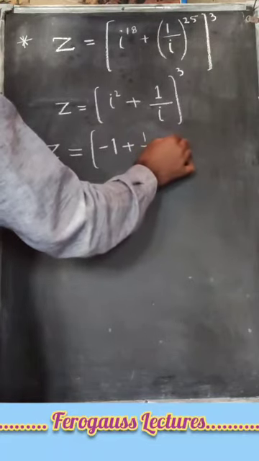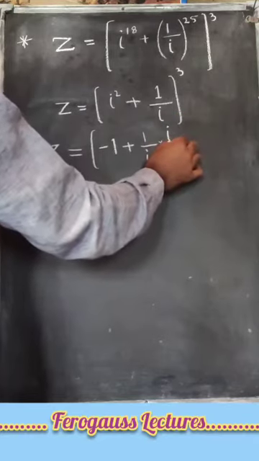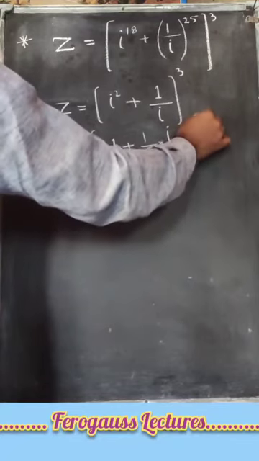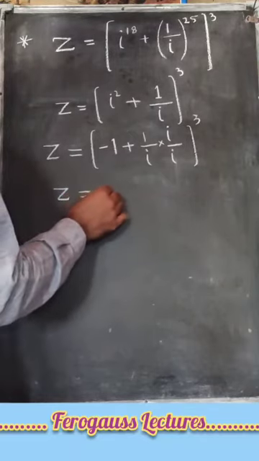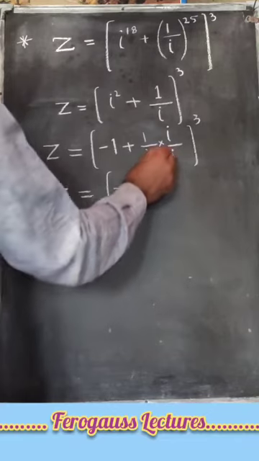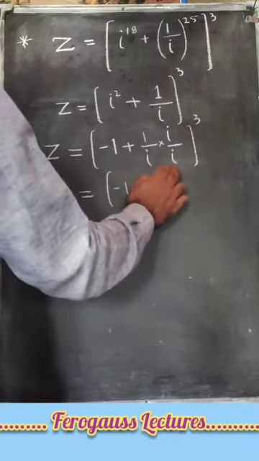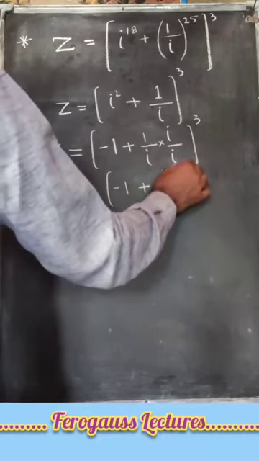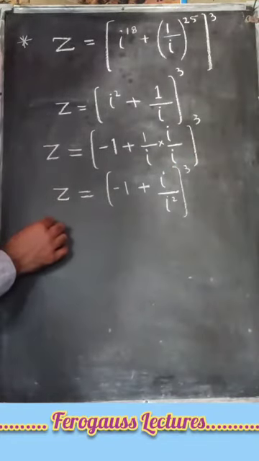We can write it as, we multiply numerator and denominator by iota, then we have whole raised power 3, or z equal to minus 1 plus iota into 1 is iota. In denominator we have iota into iota, that's iota square, whole raised power 3.